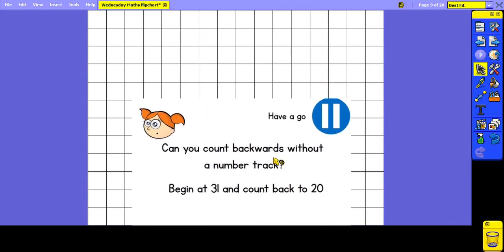Okay, so let's go through that together then. So starting on 31, let's count backwards. 31, 30, 29, 28, 27, 26, 25, 24, 23, 22, 21, 20.